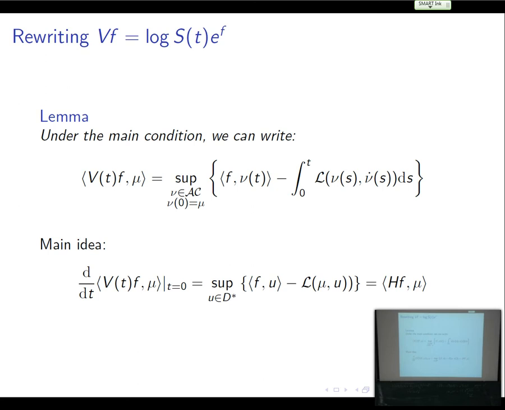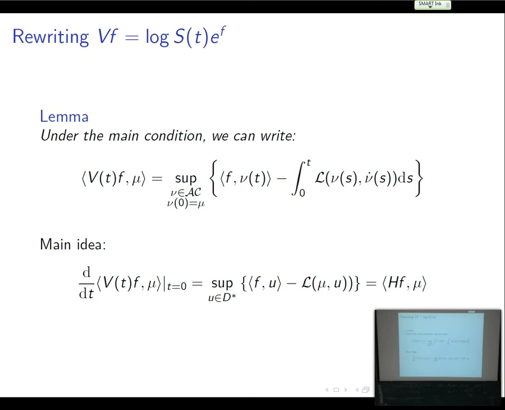Then, because this is an absolutely continuous trajectory, I get f paired with nu dot at time 0. Now, if I differentiate the integral, I will get exactly the Lagrangian of nu 0 comma nu dot 0. Now, of course, nu 0 was mu, so that explains this mu here.